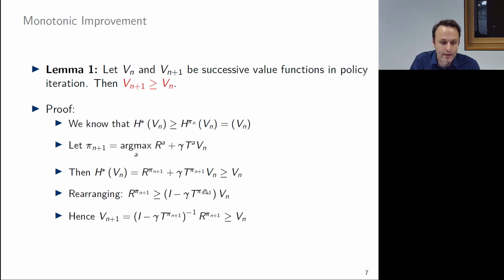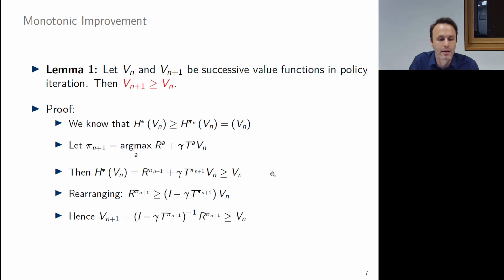And now we can take the inverse, and here we have the definition basically of the value function for the iteration n plus 1, and that's gonna be better than the value function of n.